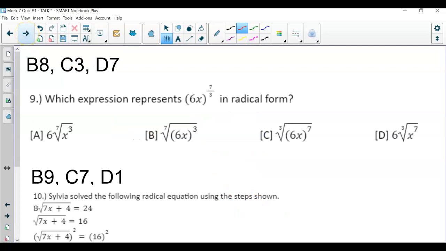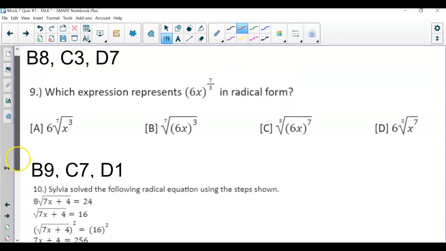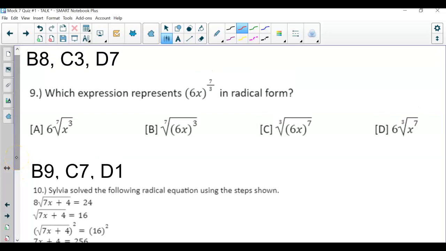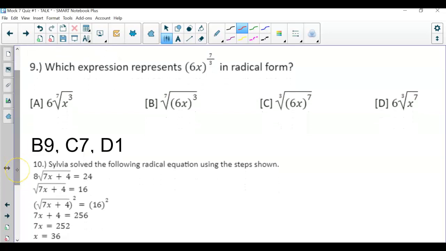Last two questions here. So question number 9, again, look for this question on your version. And here, notice first off, see how everything, 6x, is all together inside. That means if it's all together inside the parentheses, then it needs to be all together inside of the radical.